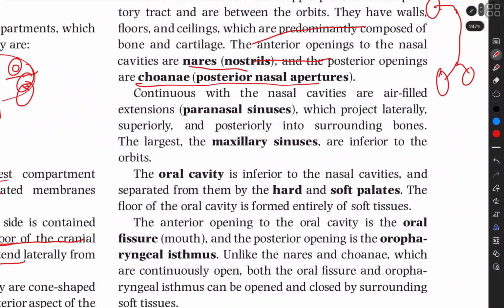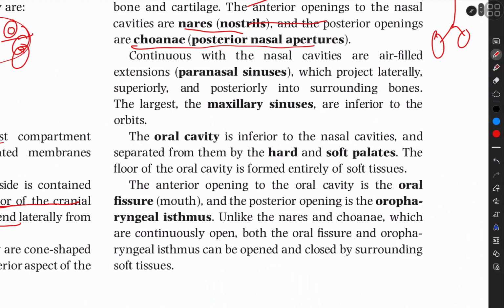In the skull specimens, continuous with the nasal cavities are air-filled extensions, the paranasal sinuses, which project laterally. Okay, so here is the nasal cavity, and they project laterally from it, in both directions, right and left. These are air-filled extensions, paranasal laterally, superiorly, and posteriorly.